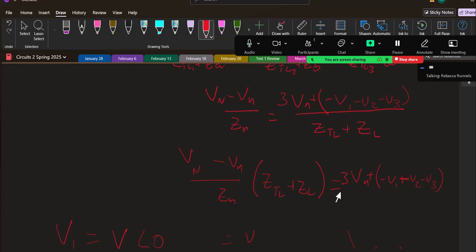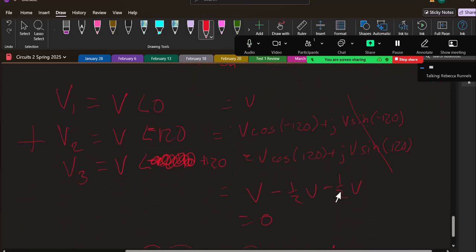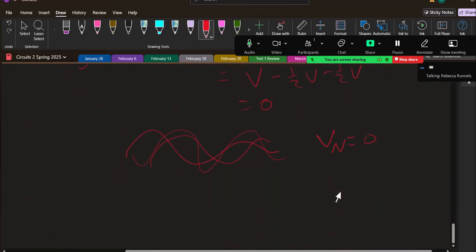Let's take a look at our individual line currents.